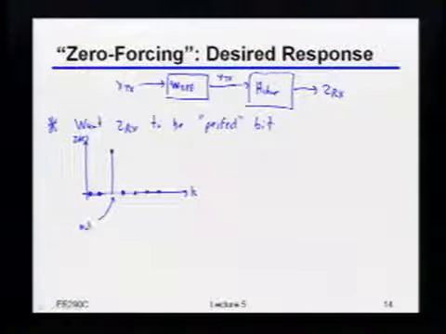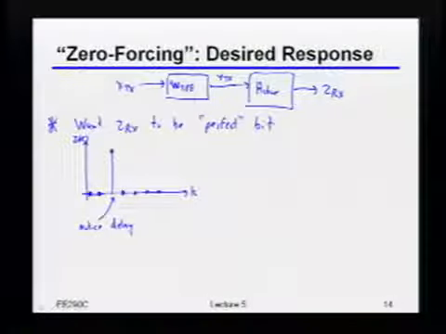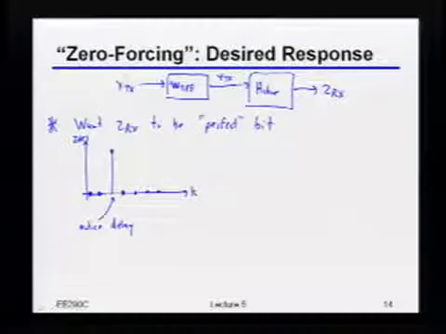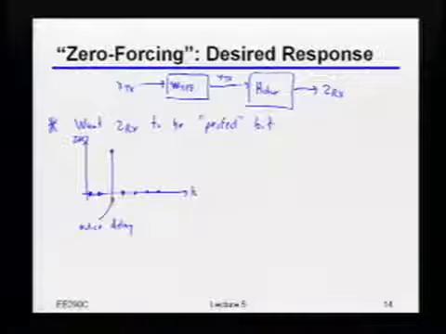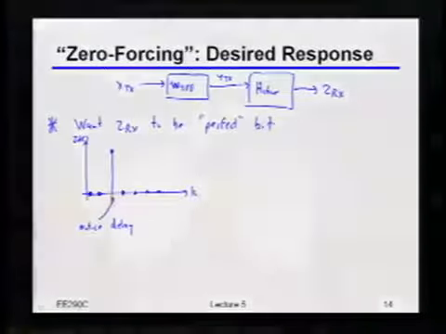So you should notice here that I didn't necessarily place this at the 0 position. Okay? I could say that I want my desired thing to show up 2 symbols later, or 10 symbols later, or 5 symbols later. What you have to be careful with has to do with 2 things: A, what's the delay of the channel itself, and B, what's the delay that you're quote-unquote inserting in your equalizer because you have precursors.